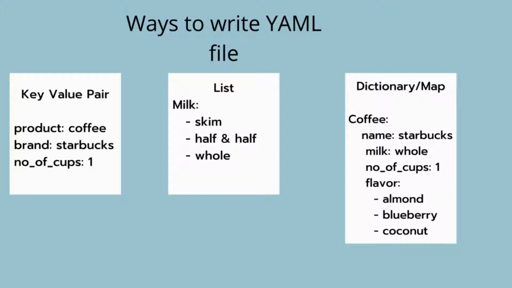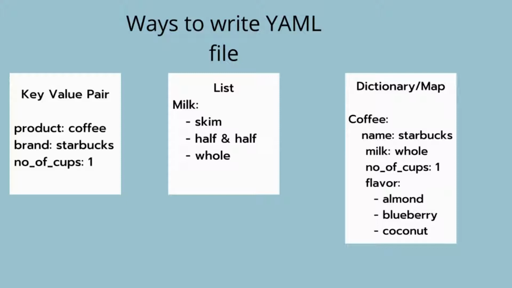Moving to the last one, which we call a mapping or a dictionary. I have a dictionary which has key value pairs and which can have a list in it. All I need to do is group that with a particular name. In this case, we have something called coffee, and the coffee has the key value pairs as well as a list.